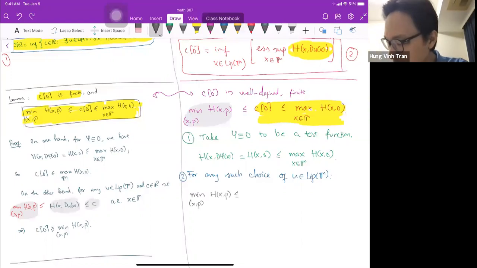This is less than or equal to h of x du x, less than or equal to C. C here is just the essential supremum over all x in the torus of h of x du x.